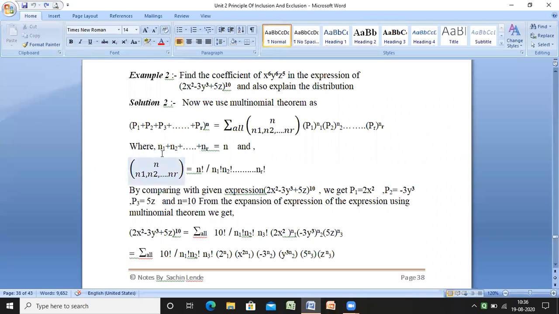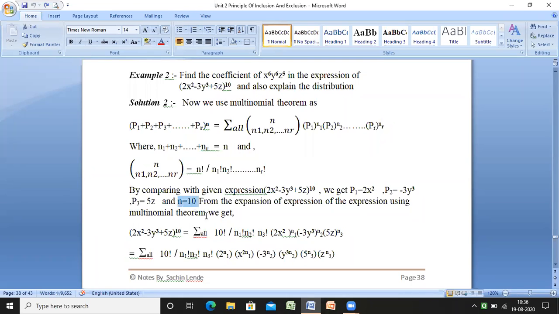The condition we already know is that n1 plus n2 plus n3 plus nr, whatever the sum is, should equal 10, not more than 10. So n equals 10 here.